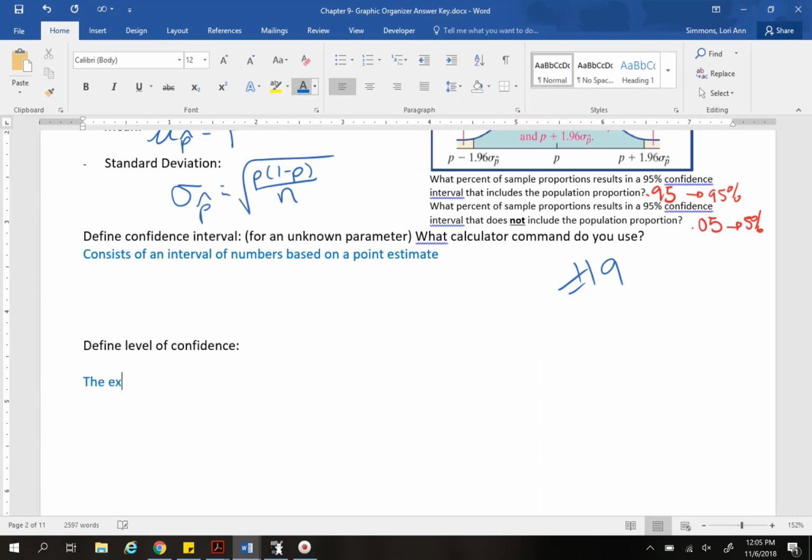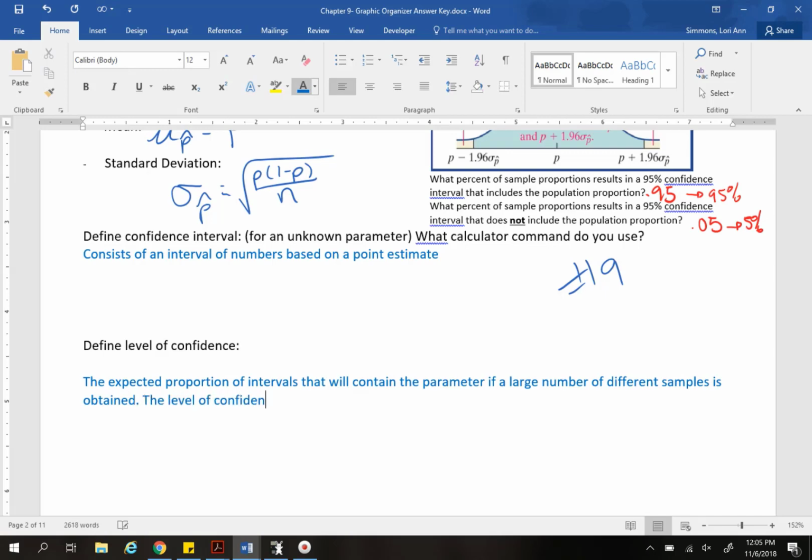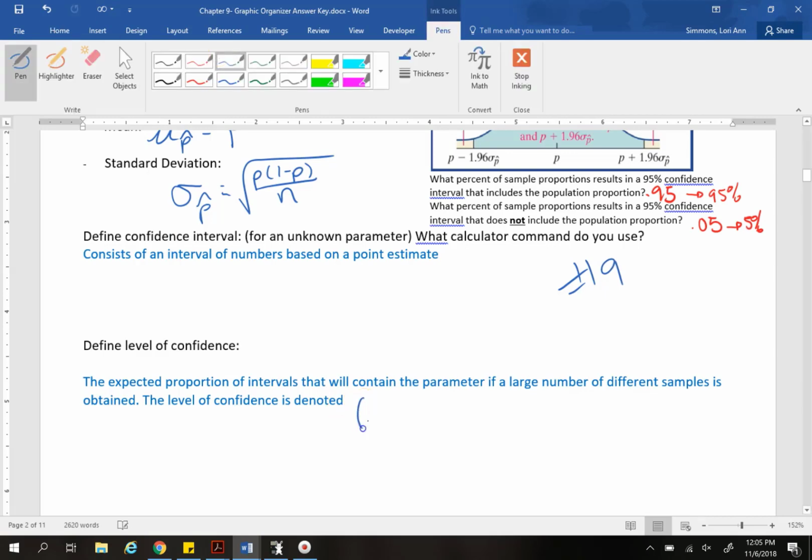This is the expected proportion of intervals that will contain the parameter if a large number of different samples is obtained. The level of confidence is denoted by 1 minus alpha times 100%. And I'll get into that a little bit later.